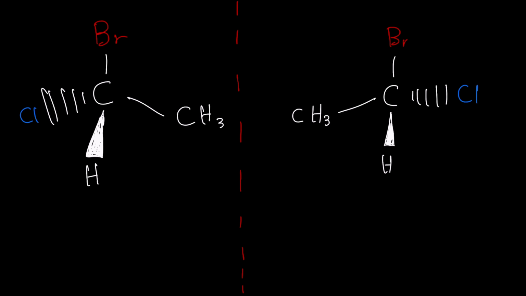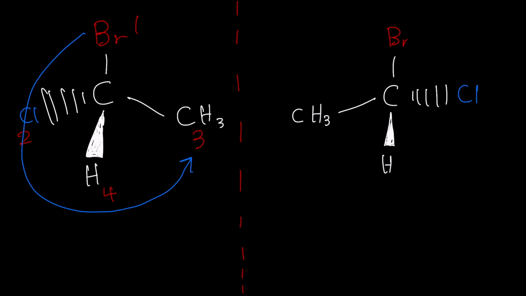However, let's try and find the R and S configurations for these two compounds. On the left, our bromine is the first group, then we have chlorine, then we have the methyl, and the hydrogen is number 4. Now, if I were to go from 1, 2 to 3, I would be going in a counterclockwise direction.